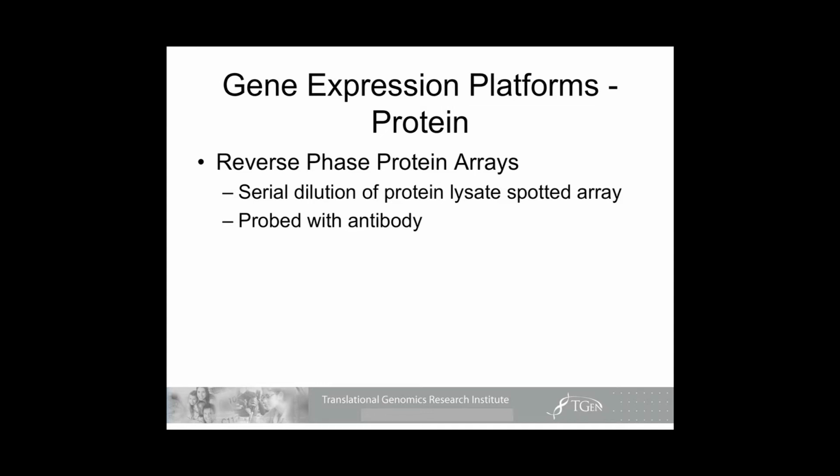For gene expression platforms, the protein, what's in TCGA right now, is reverse phase protein arrays. These are serial dilutions of protein lysate that are spotted on an array, and then the array is probed with an antibody.